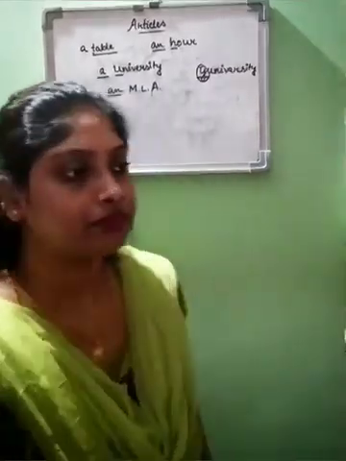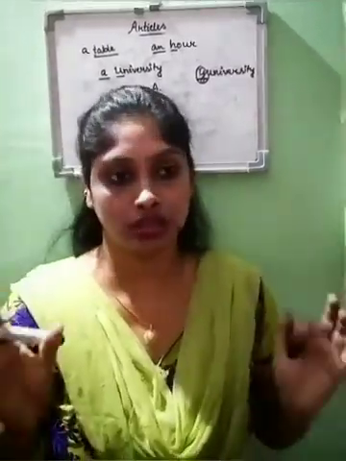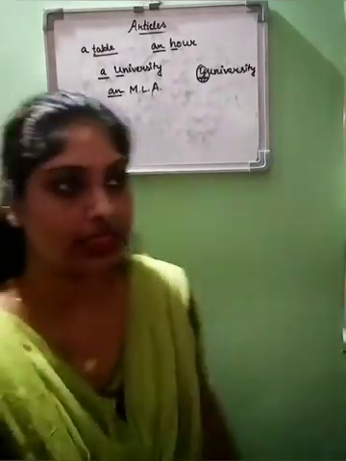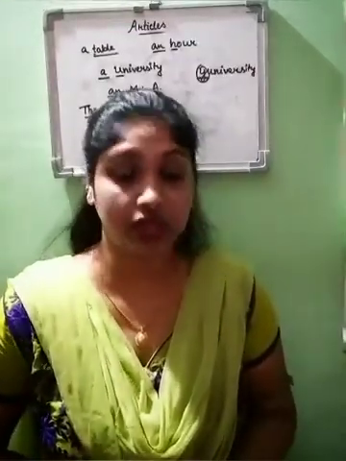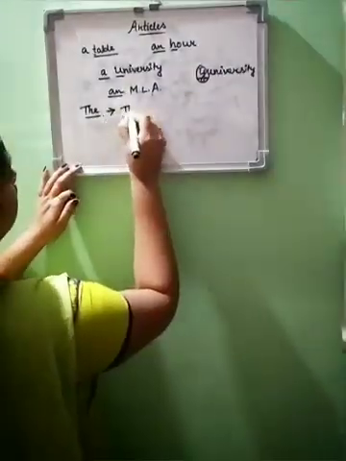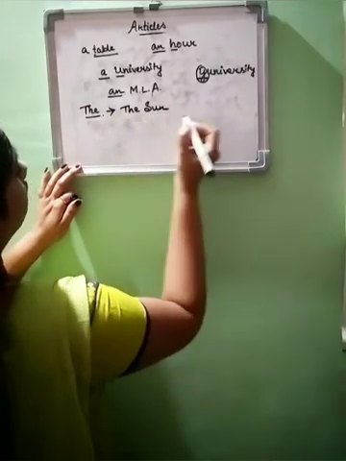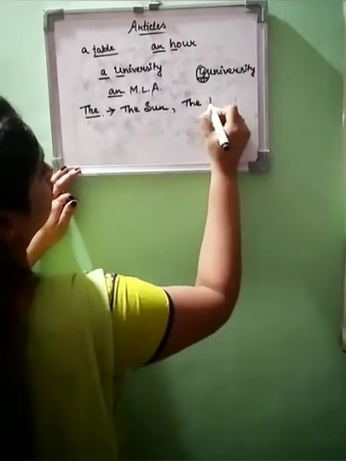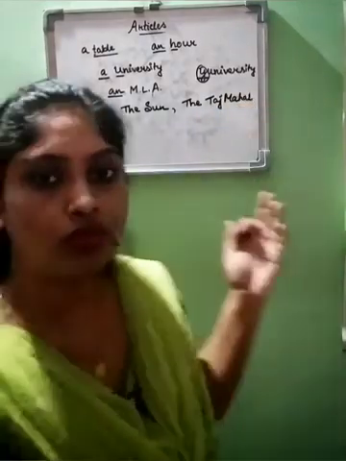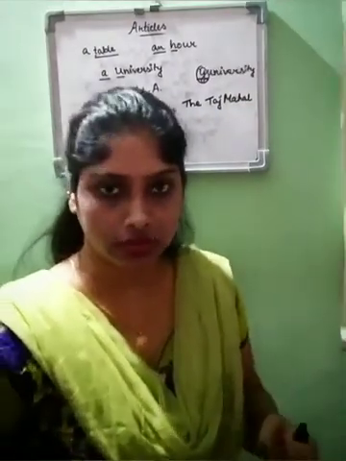Now let's see, when do we use the definite article the? As it is said, the definite article the is used with any particular thing. So in that case we have the Sun, the Taj Mahal. How many Taj Mahals do you find in the world? There is only one Taj Mahal, right?